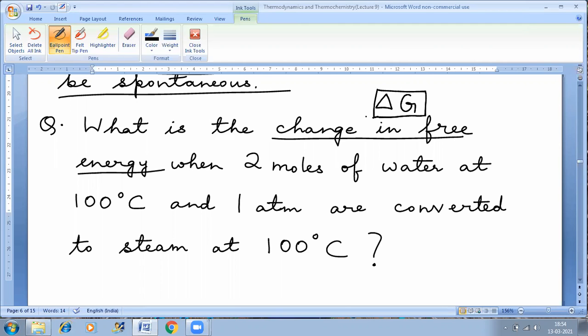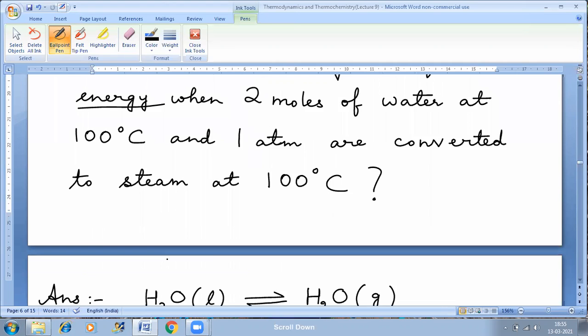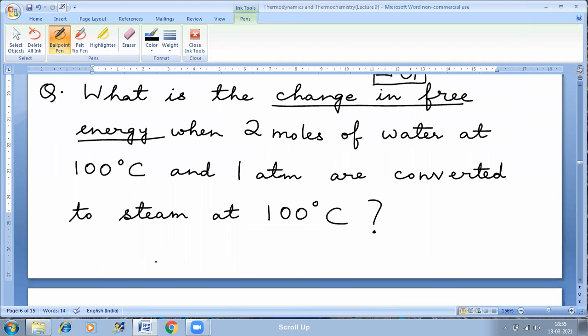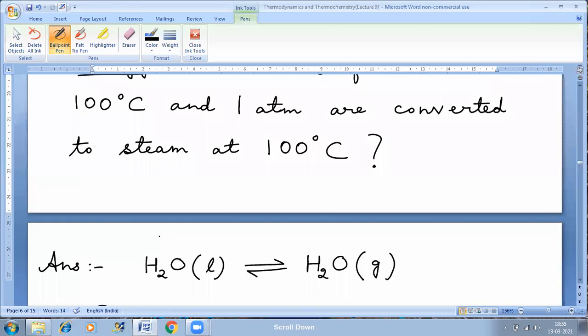Now, what is the process? This is a process that is liquid water is getting converted to steam. And that too, it is mentioned that the temperature is 100 degrees Celsius and the pressure is 1 atm.